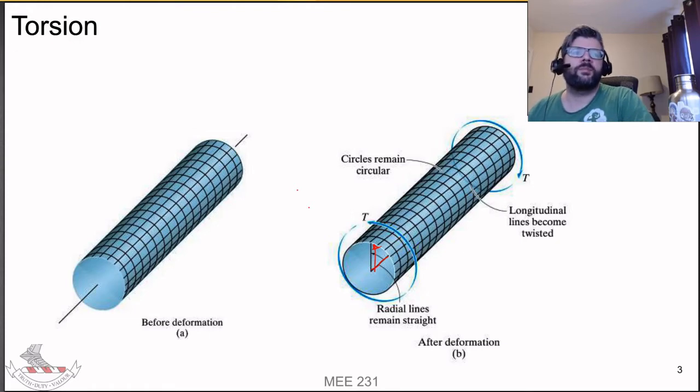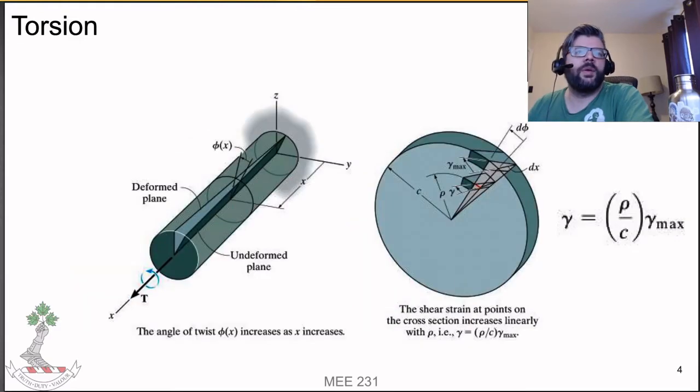But anyways, as we twist here, we get a certain angle for the lines on the top, which means that the angle of twist, how much rotation we get from here to here, increases as you move away from the x origin.